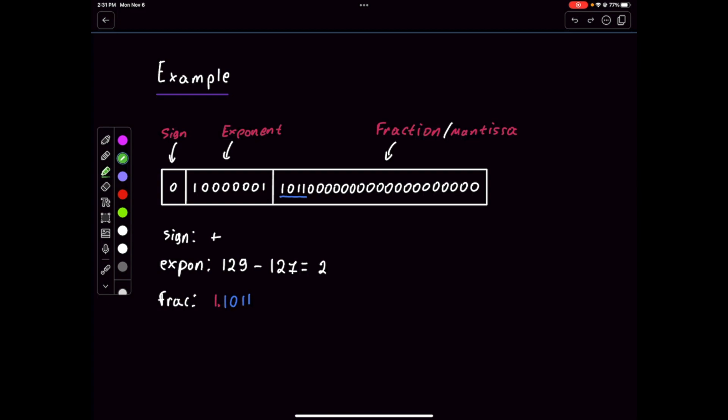We're going to talk about how we can tell that this is normalized and that we do need the 1 in there. So right now we can see that this is the fractional part, and this other value right over here, the 1, is just the implicit 1. That's just assumed to be there. So not always, I'm sorry. It's assumed to be there if the floating point representation is normalized.